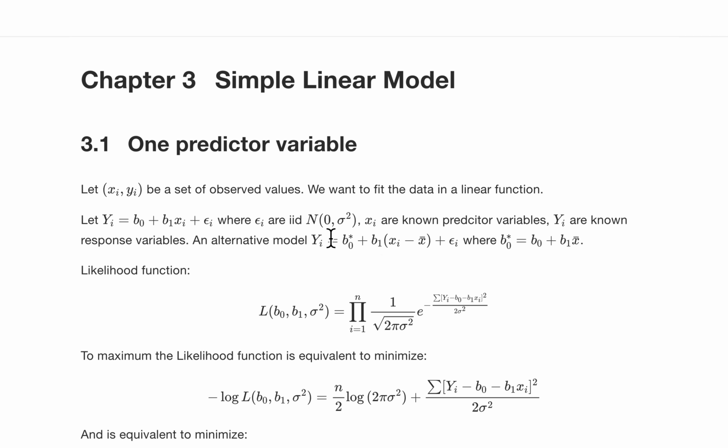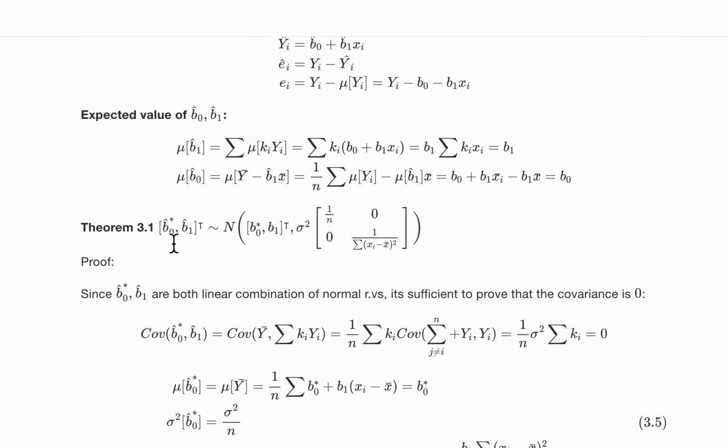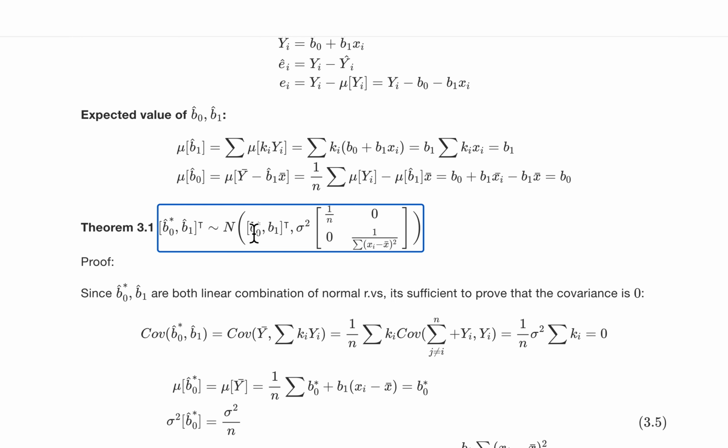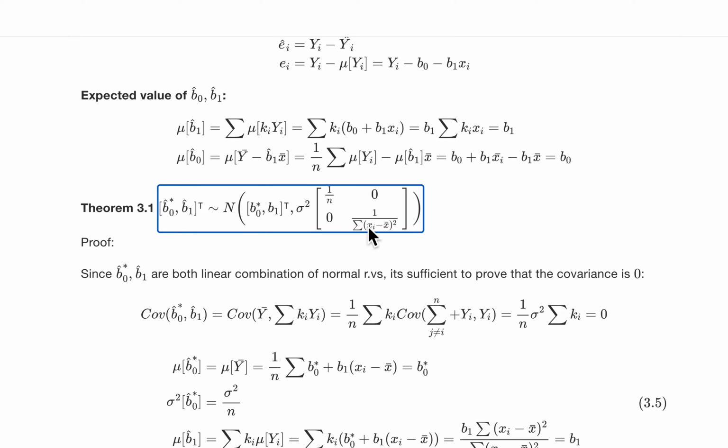This is the parameter b0 of the alternative model, the one we just mentioned. We can prove that b0 hat star and b1 hat are a bivariate normal random variable, with unbiased estimators of their own parameters b0 star and b1, and also these two are independent because we can prove that their covariance is 0.